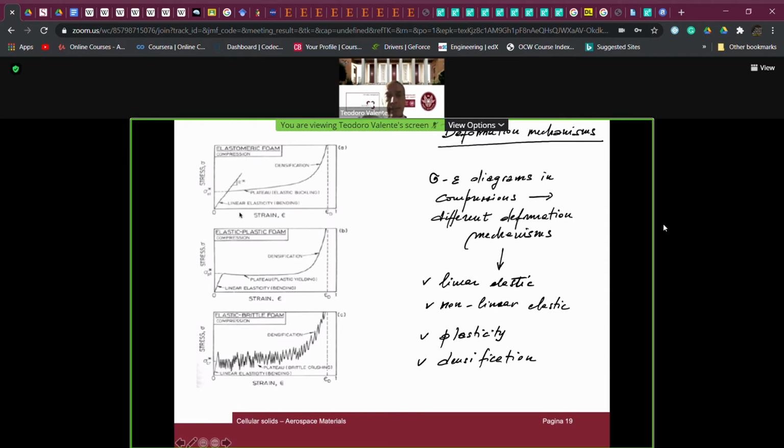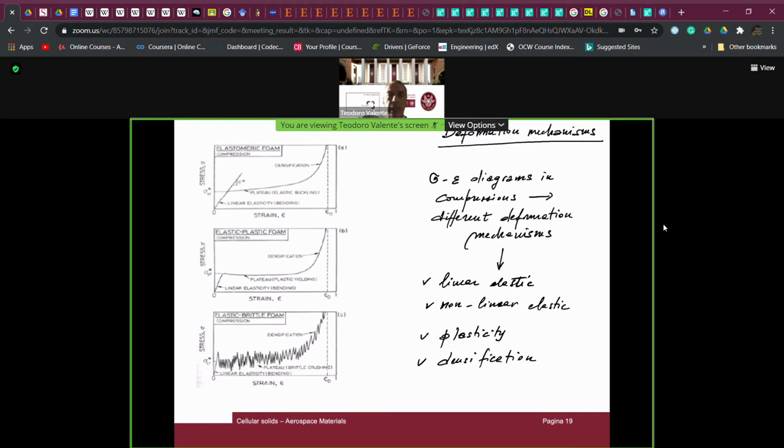What we can see here is that, as it always happens for all materials we know, applying the first compressive stress, we have a linear elastic response of the material itself.